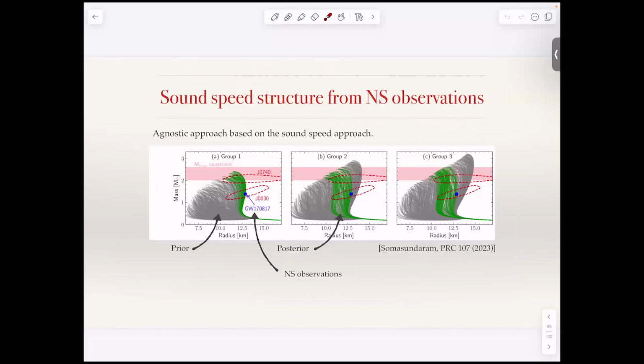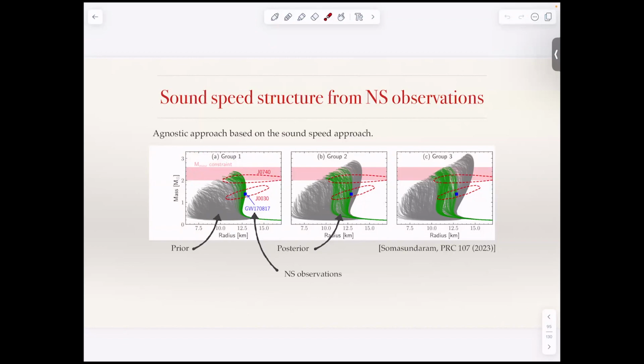Then we can start to discuss a bit more about observational constraints. In this figure, you see the very few constraints we have. The first one, which we mentioned a little bit, is the maximum mass.